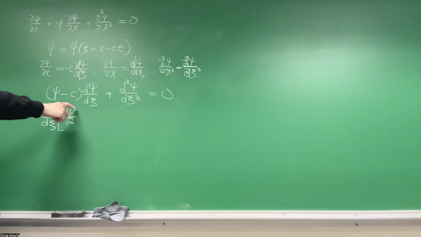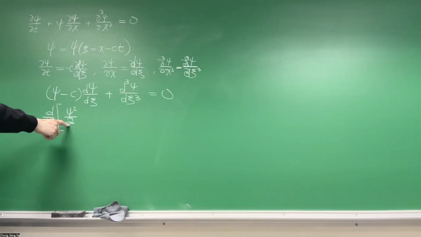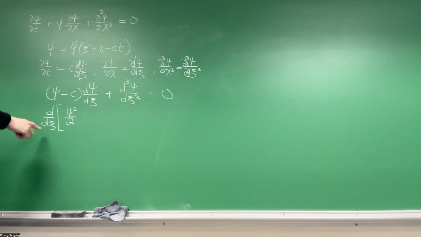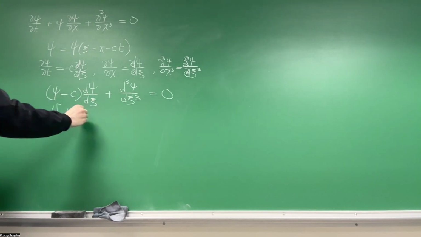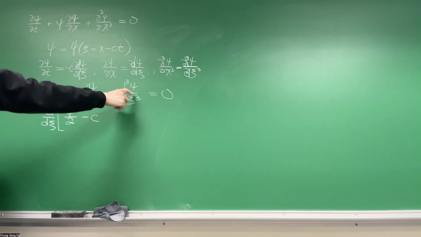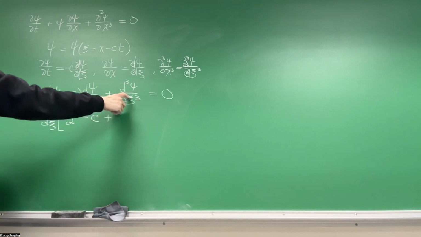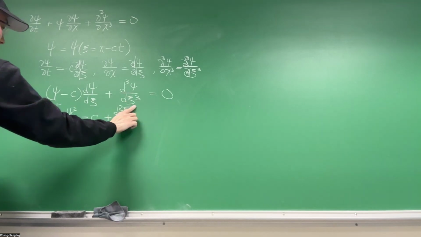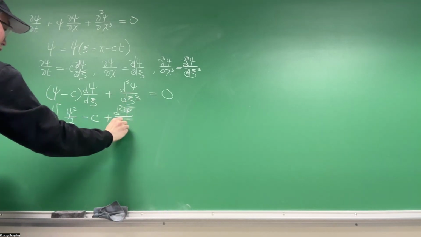You take a derivative of that, put a factor of 2, cancel the 2 in the denominator, and it becomes ψ dψ/dξ. Right? You see that? And the second term is just minus ξ. And then the last term, you pull one derivative out, d²ψ/dξ².